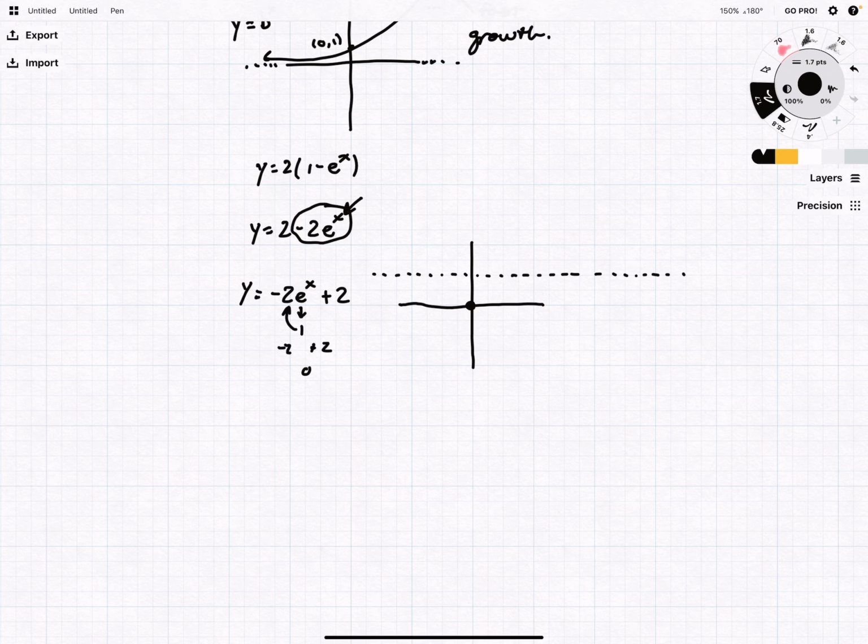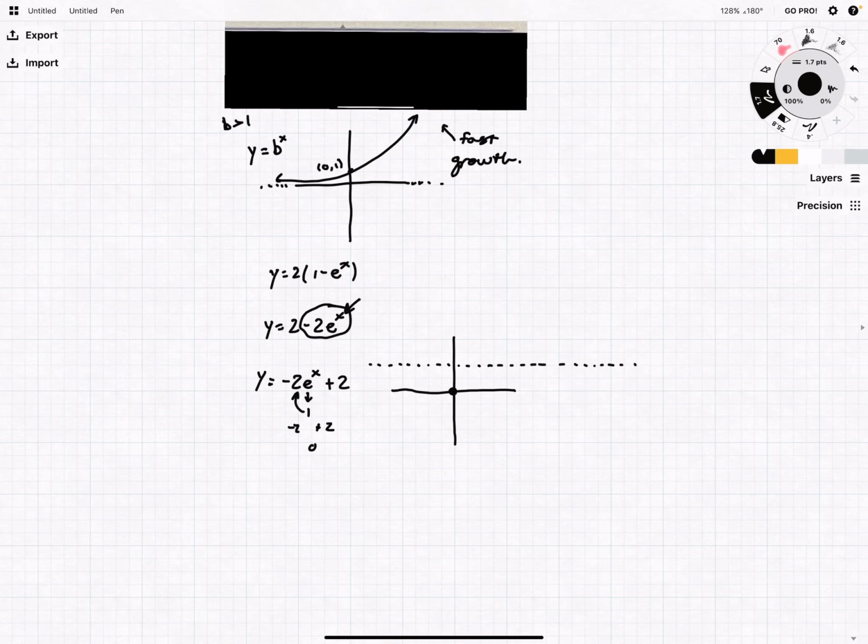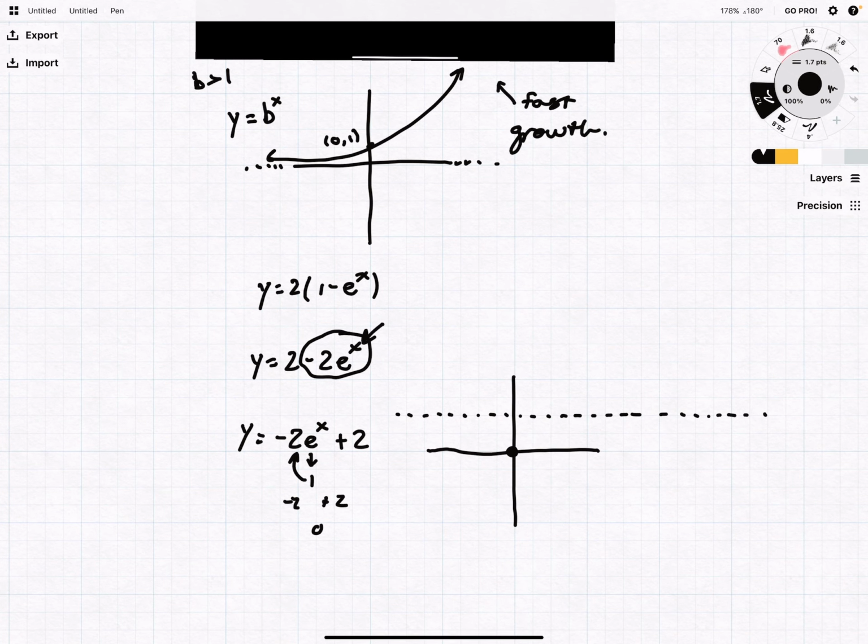And now, in general, when we have y equals b to the x and everything's positive, the graph looks as we drew there. But if it was negative, well, then we would shift everything the other way, and it would go more like that.